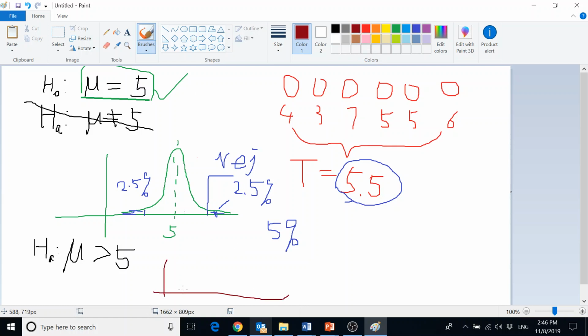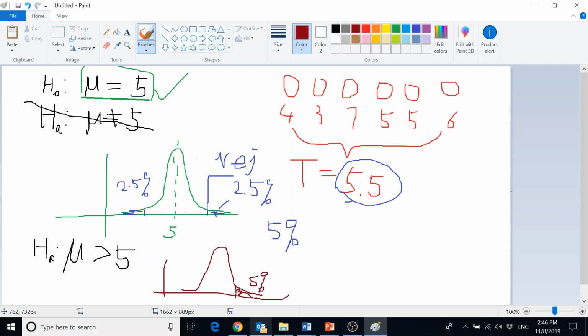Your rejection zone changes. So now, instead of doing it on both sides, you just say, okay, if I'm gonna reject this, I'm gonna put the 5% all in here. Here's 5%.